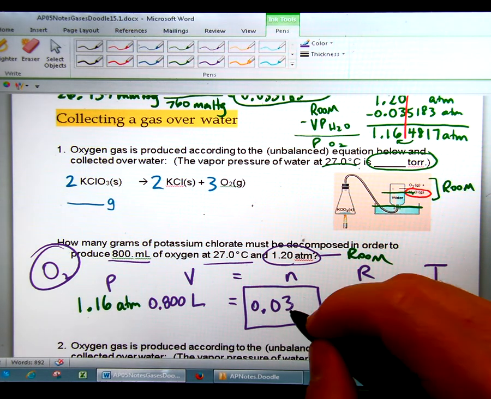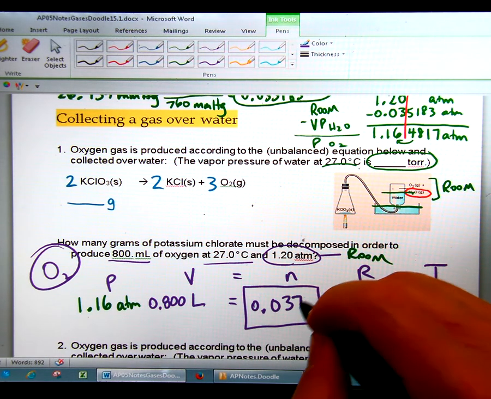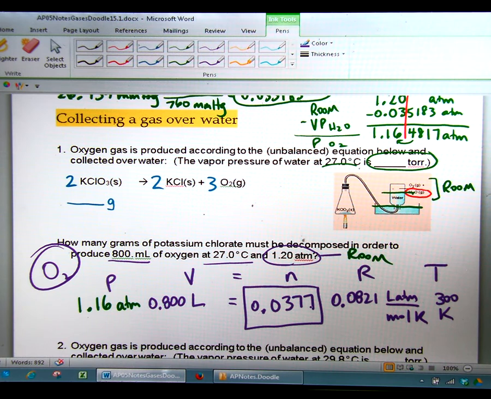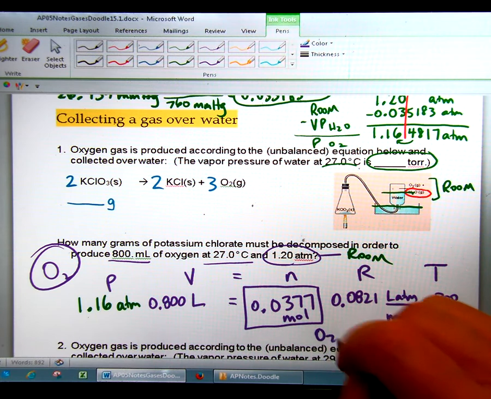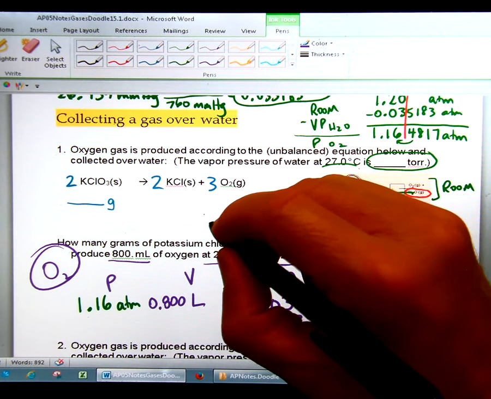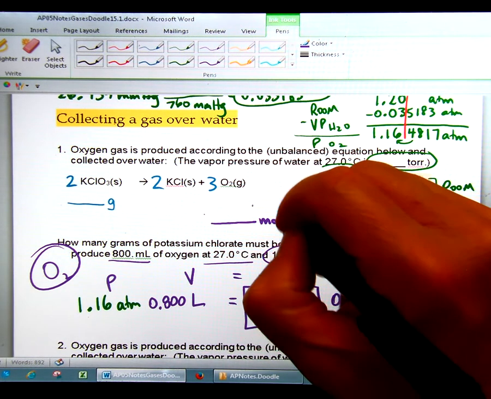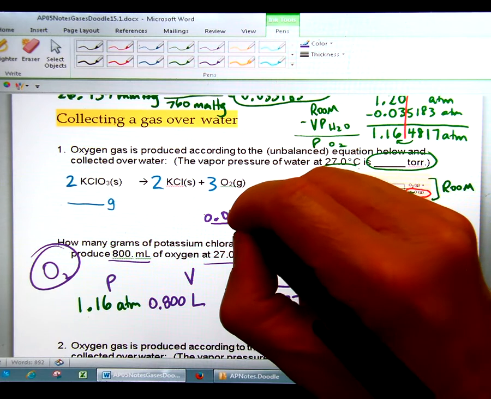We'll do 3 sig figs. So it's 0.0377. Just double check that one more time to make sure. Yep. Okay, so that's the moles of oxygen. So this is the moles of oxygen that you made, 0.0377.